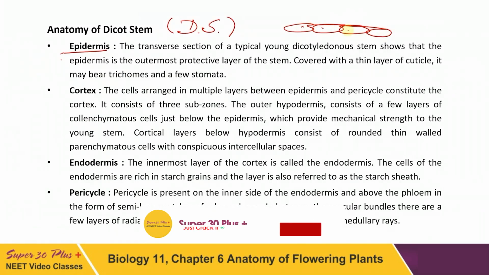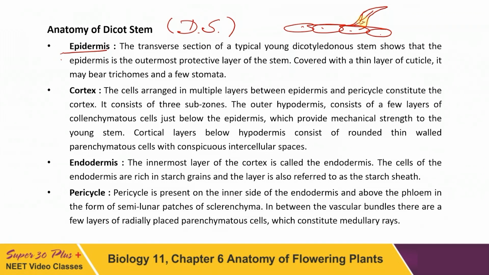These are living parenchymatous cells making a continuous layer. Some of the epidermal cells will make multicellular hairs, trichomes, and because this is the aerial part, these are surrounded by a waxy layer known as cuticle. And what are these? These are the trichomes. Is it right?